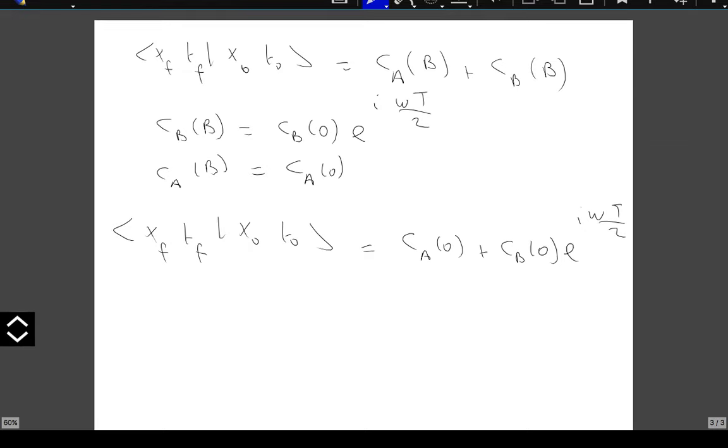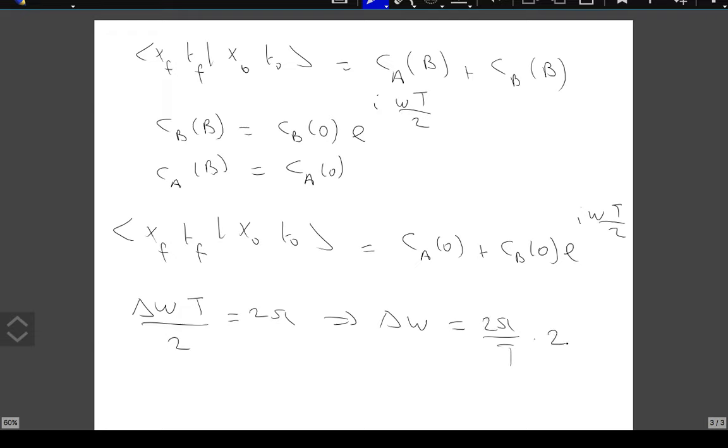So if, for example, the change in omega, delta omega t over 2, is equal to 2 pi, let's say, or delta omega is equal to 4 pi over t. You see, by devising your setup, you have fixed what t should be.